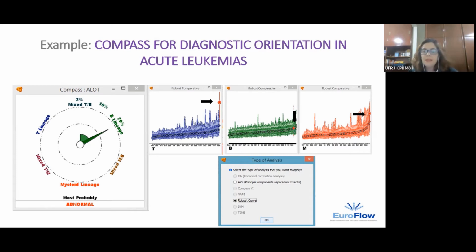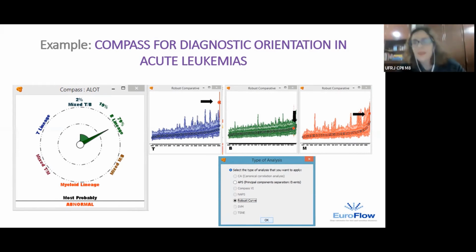The median of our case is identical to another case from our database belonging to BCP ALL. So this information is quite useful in our day-by-day.